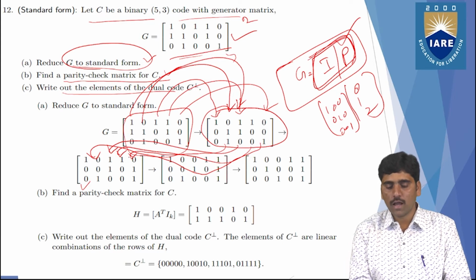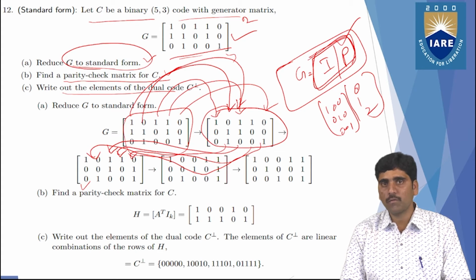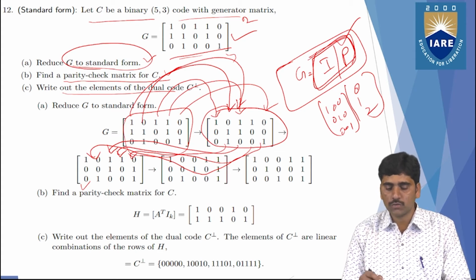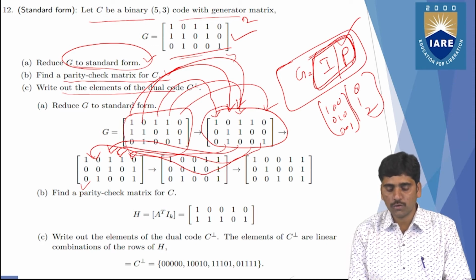After getting this form, can we see whether it is in I | P form or not? Still it is not in I | P form. So again we need to change one more row and column.